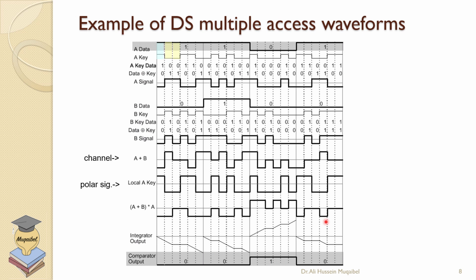If you look at the integrator output, you'll find this is mostly negative, this is positive, this is negative, and we have recovered the data back: 0, 0, 1, 0. That's the comparator output for the case of the data. That's just the inverted signal here.